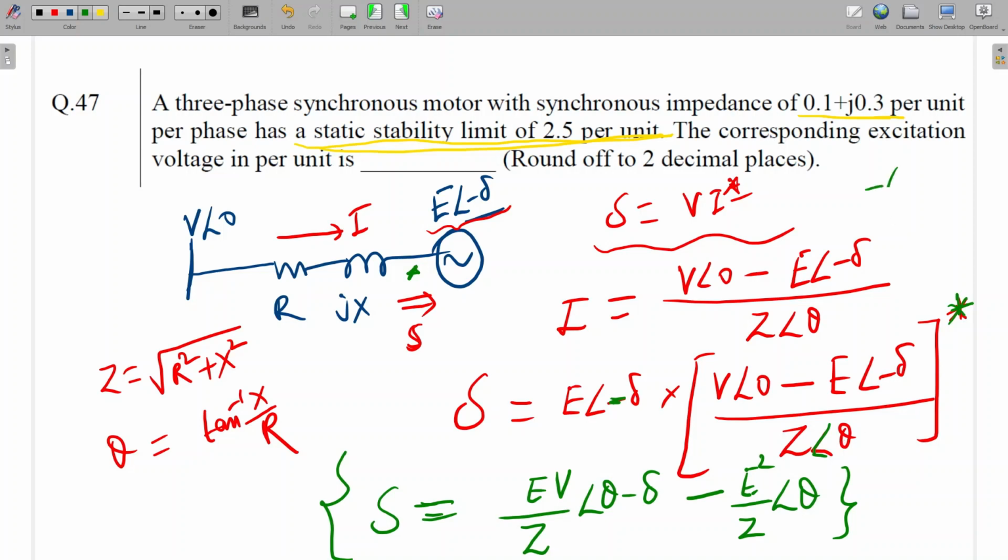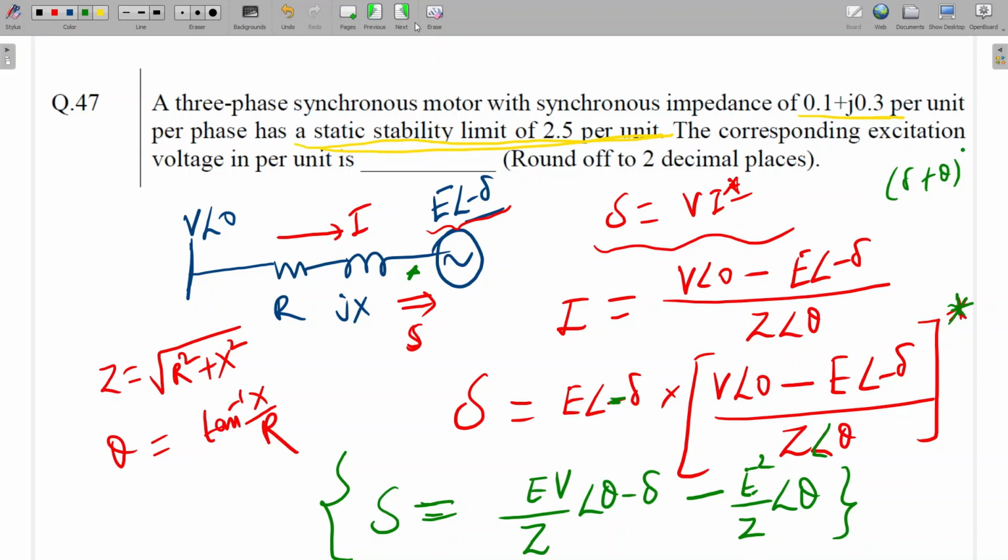But if we take the conjugate of that, it will be plus theta plus delta. So plus theta plus delta will be the angle of this part, and if we multiply by minus delta, minus delta plus delta will cancel, and what remains will be plus theta. Is it clear to all? Should I move next?